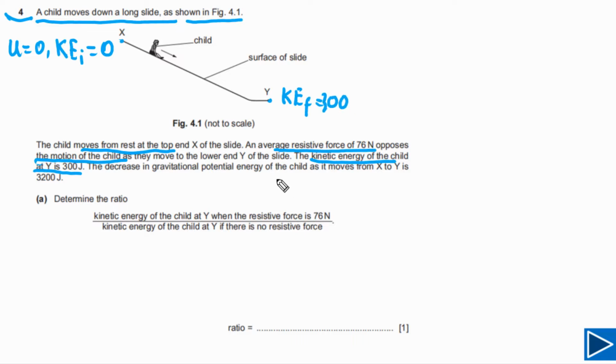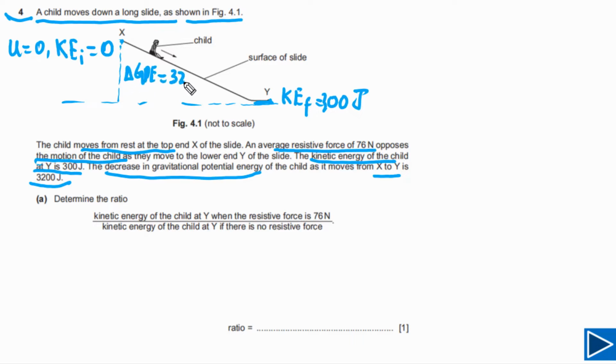So at this point we can say kinetic energy final is equal to 300 joules at point y. The decrease in gravitational potential energy is also given, equal to 3200 joules from x to y. This means when the child moves from x to y, the decrease in gravitational potential energy, delta GPE, is 3200 joules.